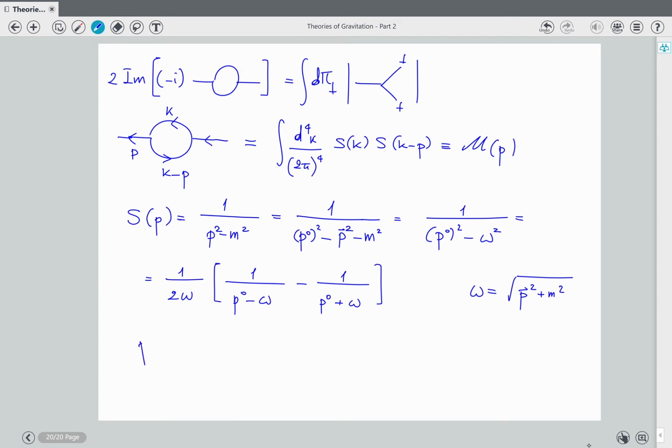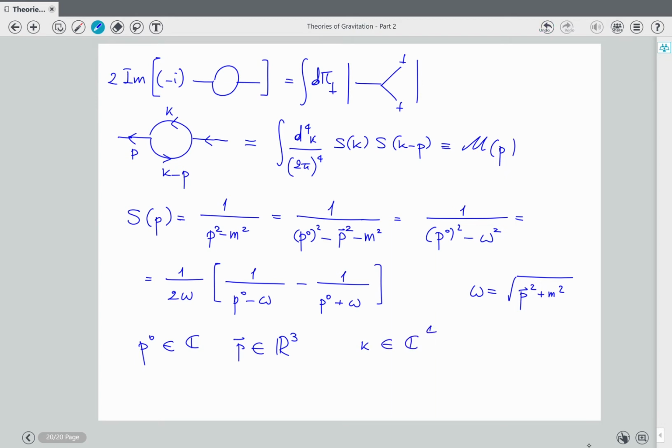So P0 will belong to complex values. P will belong to real values because it's external, so it can be taken to be fixed. But K will belong to complex values.